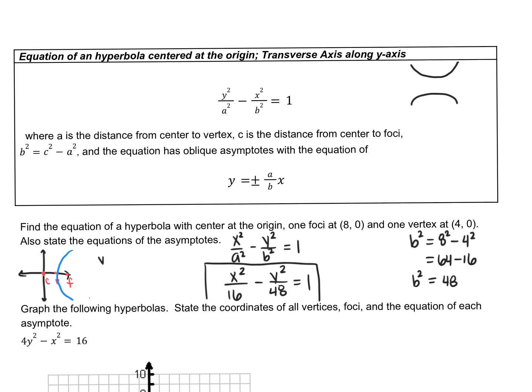So we're going to do y equals plus or minus b over a. And I'm not going to write the decimal here. I do want to leave it in its exact form. So it's going to be the square root of 48 over 4 x. You don't have to write it as two separate equations. You can leave it in that form.